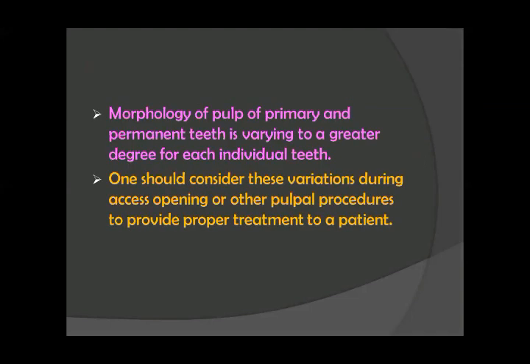Morphology of pulp of primary and permanent teeth varies to a great degree for each individual tooth. One should consider these variations during access opening or other procedures to provide proper treatment to a patient.